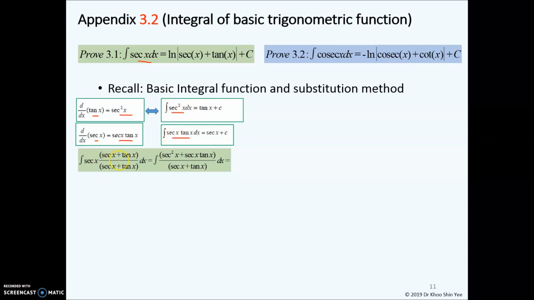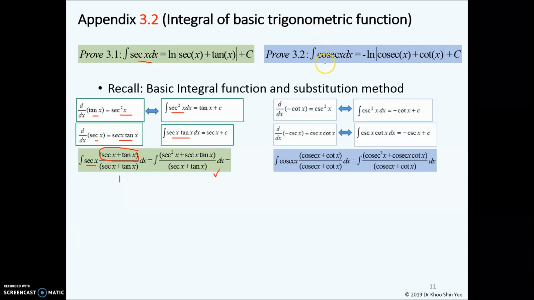So we are trying to turn the original formula, secant, into secant squared and secant tangent. Thereby, we multiply it with secant x plus tangent x. We have to divide by secant x plus tangent x so that this becomes 1. So we multiply inside, and we get this formula.